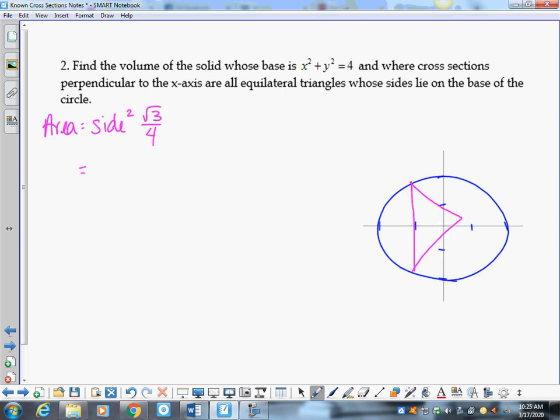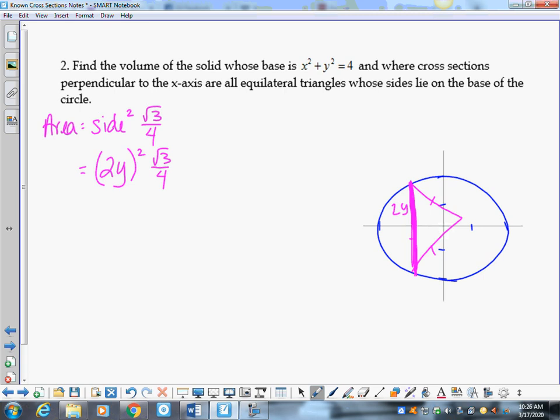Okay, so a side squared. Well, equilateral means all three of these sides are the same, so I need a whole side. Well, again, we talked about in the first example that that distance is y. So the whole thing would be 2y. So 2y squared times root 3 over 4.